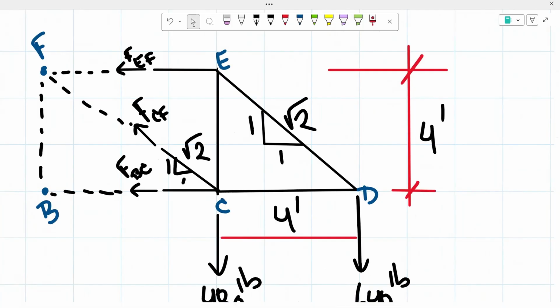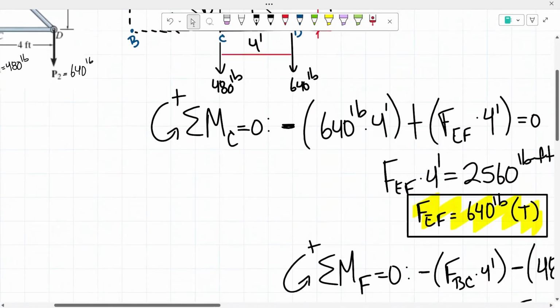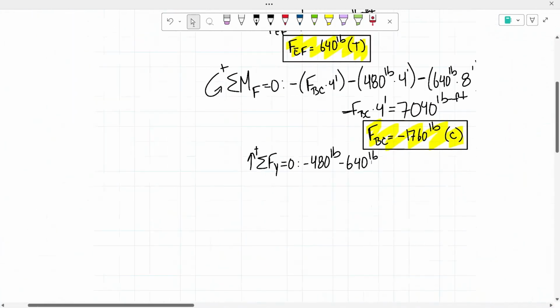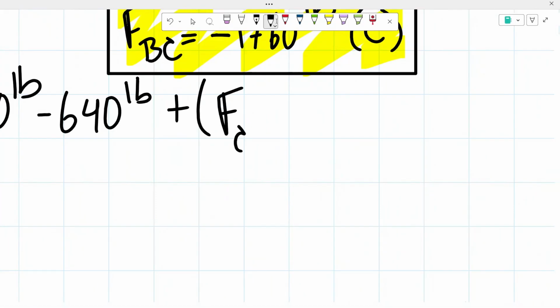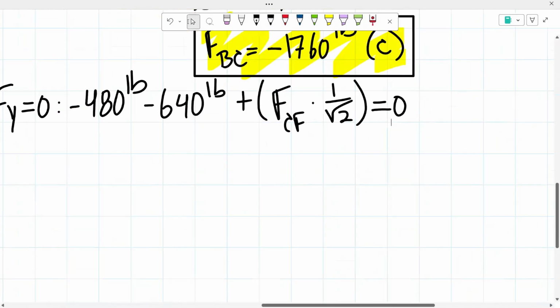So in this case, it would be slanted upward. So here it would be a positive force. But remember, we said we're trying to find the vertical component of it, so we're going to multiply the force of the bar CF by 1 over the square root of 2. And all of that has to equal 0.